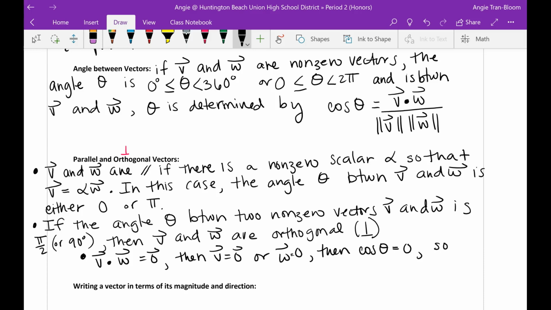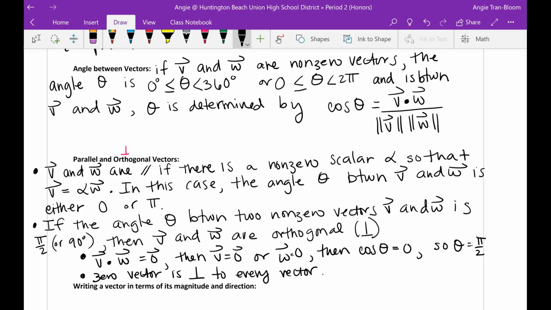So cosine is 0 at pi over 2, right? Or 3 pi over 2. So if it's at pi over 2, then we can say that these two are perpendicular or orthogonal, okay? Next, the zero vector is orthogonal to every vector.